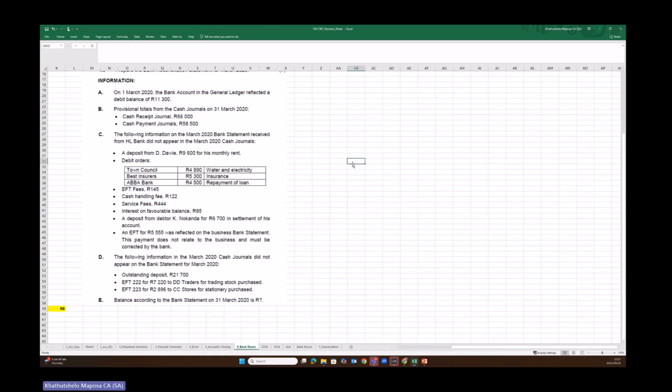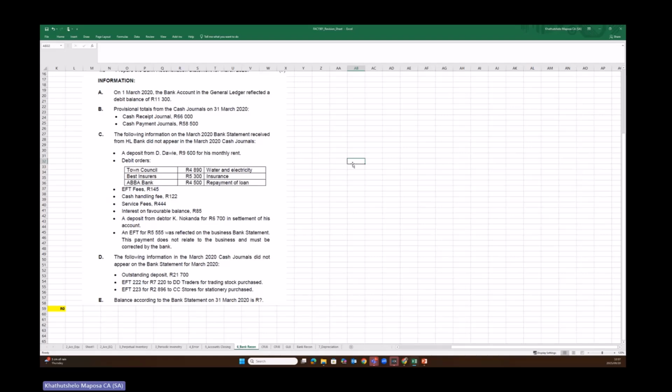Just on a very high level, let me remind you that when you do the bank reconciliation statement, first things first, you will have your cash receipts journal and the cash payment journal, the bank statement from the bank, and the general ledger from your system.